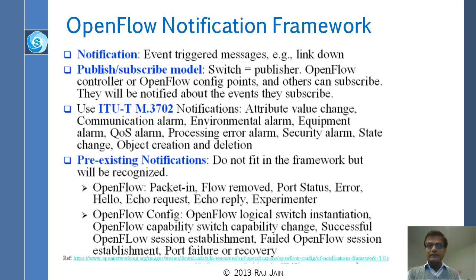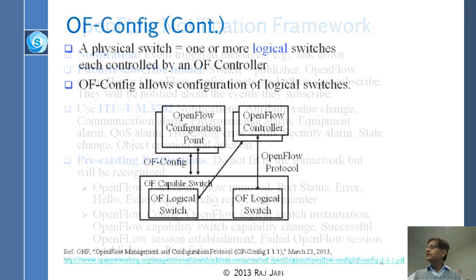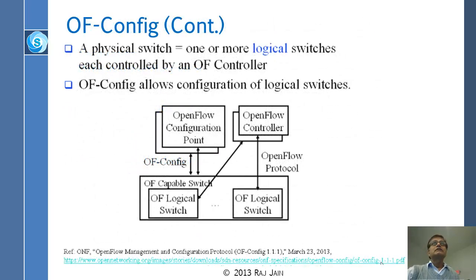So as shown in this picture here, you have multiple controllers, 1, 2, shown here, and similarly multiple configuration points, and each switch has multiple logical switches. So all that is allowed. And each controller could have a different subset of the network that it controls.